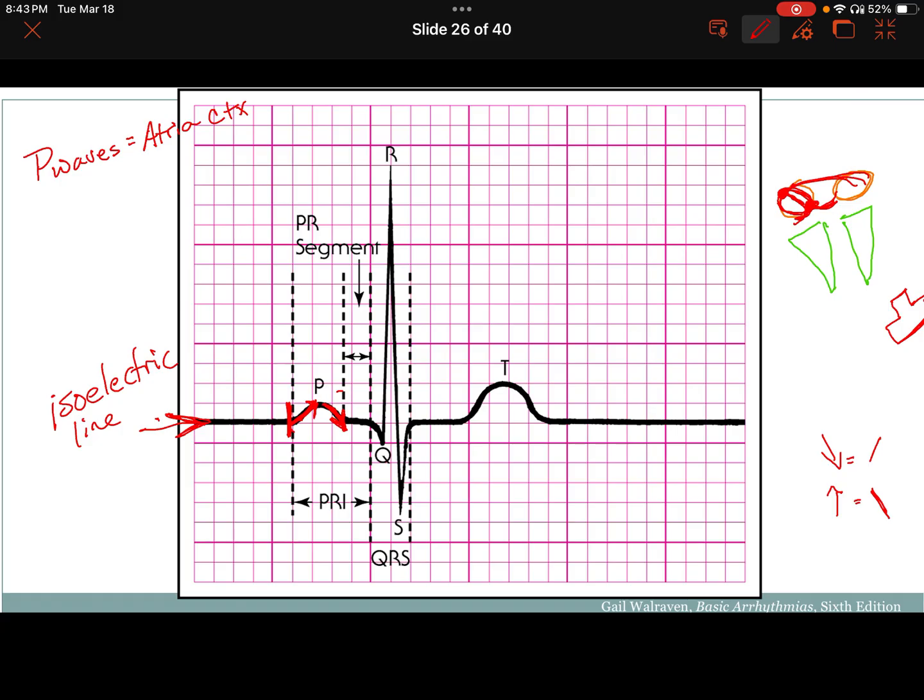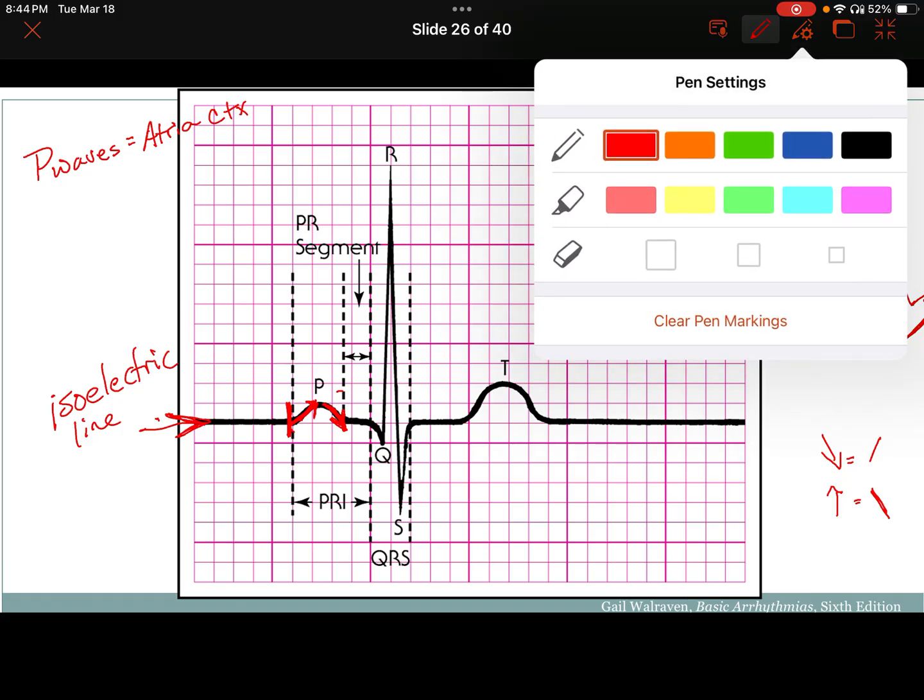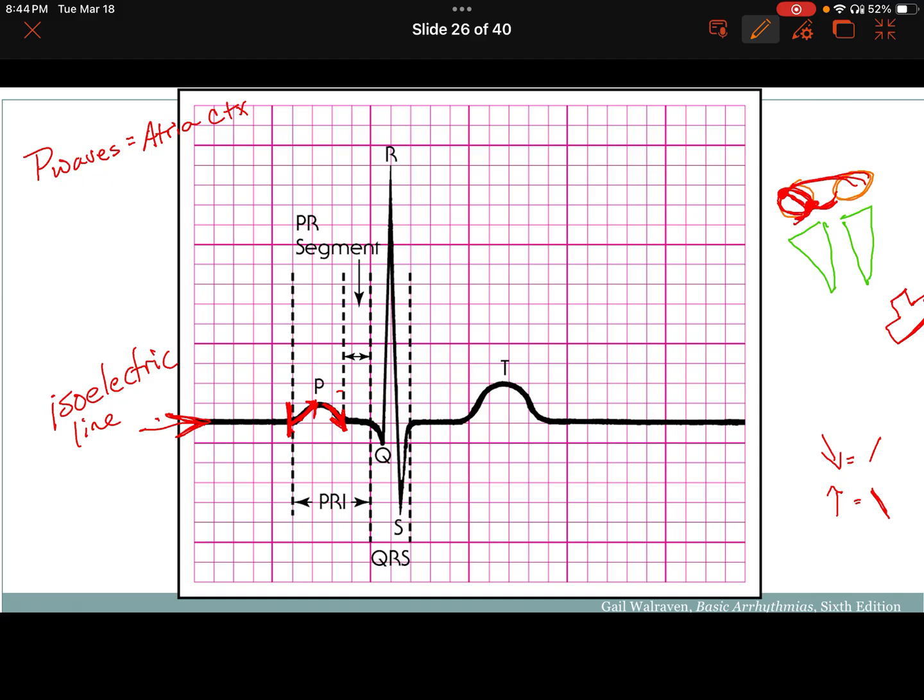Now, if you remember, we said there was always going to be a slight pause. Let me use a different color. There's going to be a little bit of a pause because we have to have that atrial kick. We want to give the ventricles time to fill before we allow the ventricles to contract. So you have this little bit of a pause here, and that is normal.